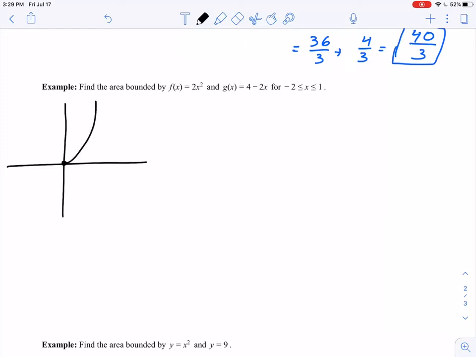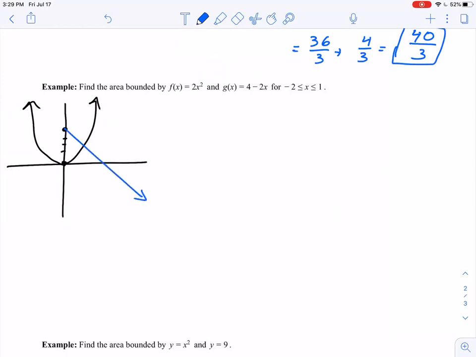So we have 2x squared. I know that's a parabola centered at the origin that's opening upward. Let's make that a little bit better. And then g of x equals 4 minus 2x. I'm not going to get too specific here, but I know that the y-intercept is positive, so I'm going to go up 1, 2, 3, 4. And then I have a negative slope. So my function g of x, let's draw that in blue.